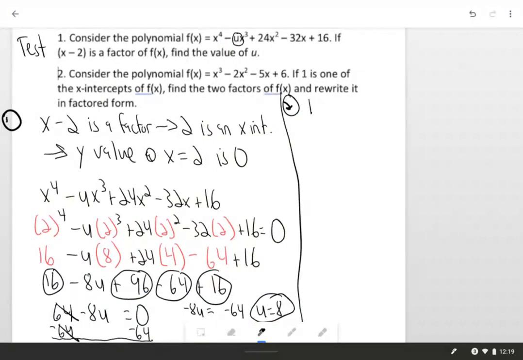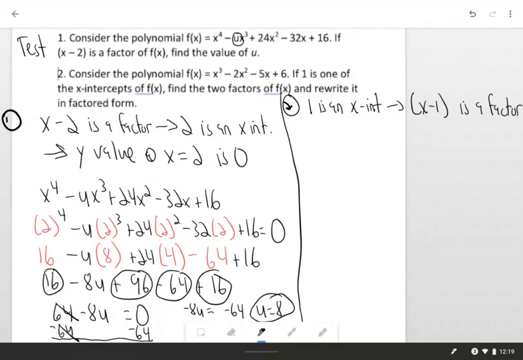Okay, 1 is an x-intercept. We automatically know, if I switch the sign, that x minus 1 is a factor. So I already found one of the factors, x minus 1.